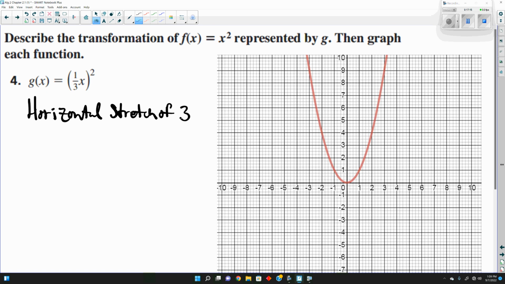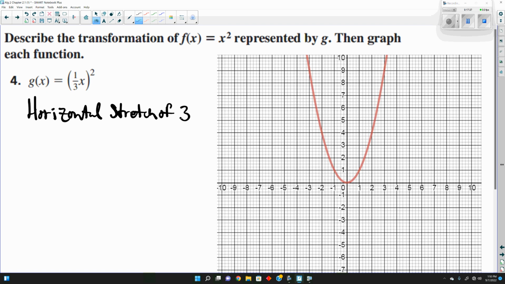Since it's 1/3, it looks like a shrink, but it's actually a stretch. And we flip the 1/3 to make it a 3. Vertical stretch. Horizontal is inside parentheses. Vertical is outside.